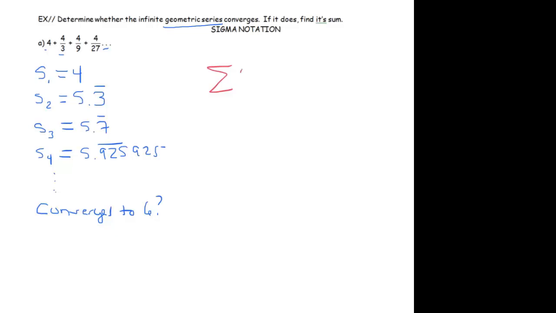The first term is 4, and our r value looks like we're multiplying by 1/3 every time to get to the next number. So that's 4 times 1/3 to the n minus 1, with n going from 1 to infinity. Okay, so hold this thought. We're going to refer to this later.